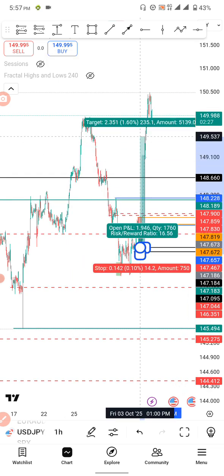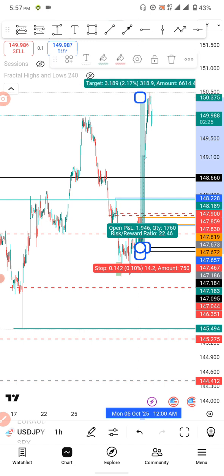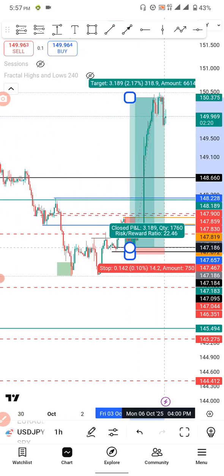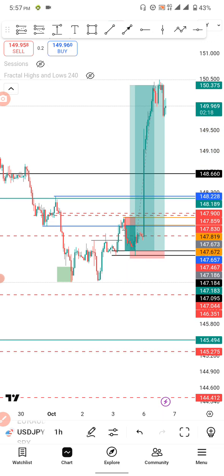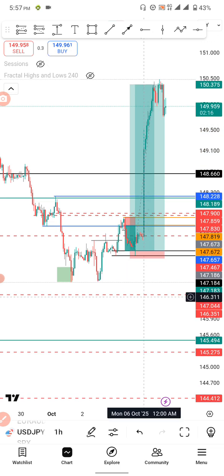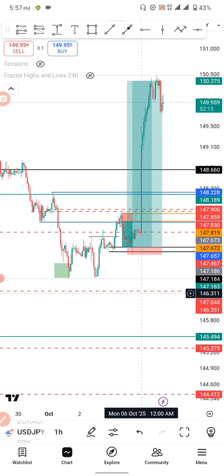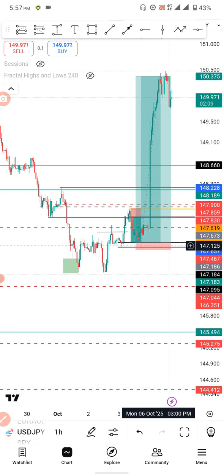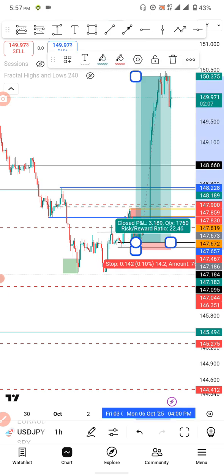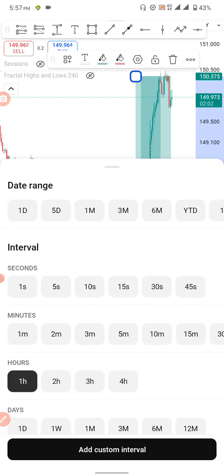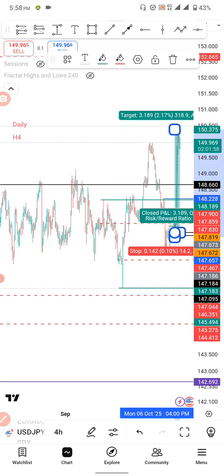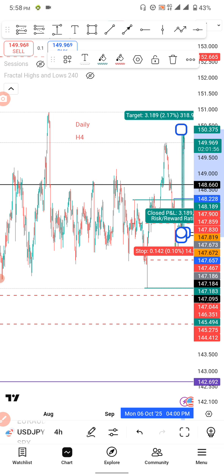Look where it is. Risk to reward in one day, because it has made all this impulse from here. This is just one, as you can see, Monday 6th October until here, all those pips. Wow, so far we have 22.46 risk to reward. Let us see where our TP is supposed to be.